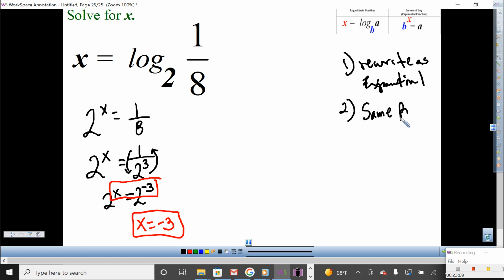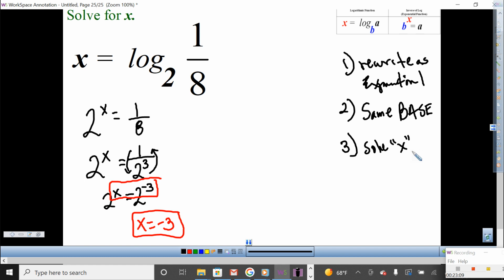Yes, same base. Both sides need to have the same base. And at the end, solve for x, or for the variable. 3 basic steps. Rewrite, make sure they have the same base, and then solve for x once you have the exponents matched up.